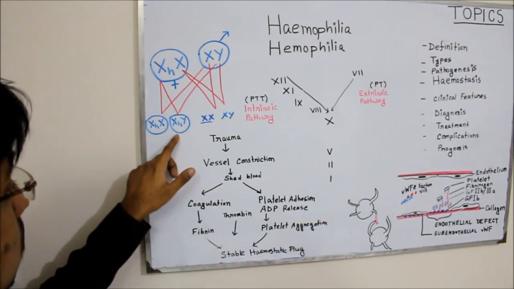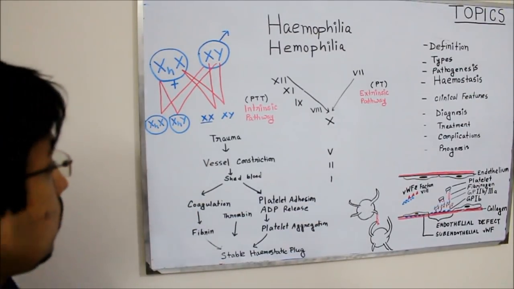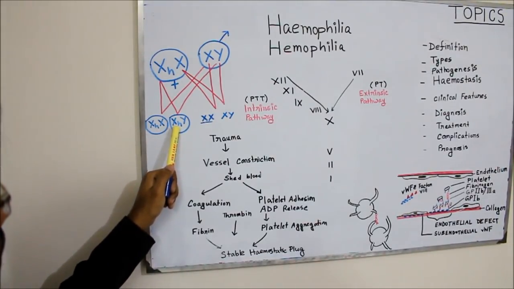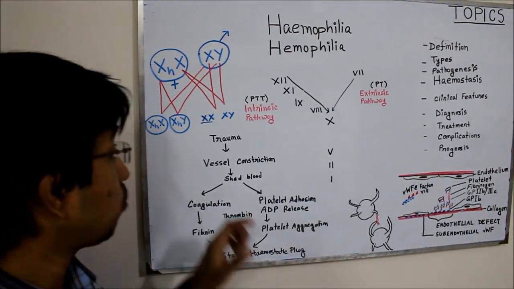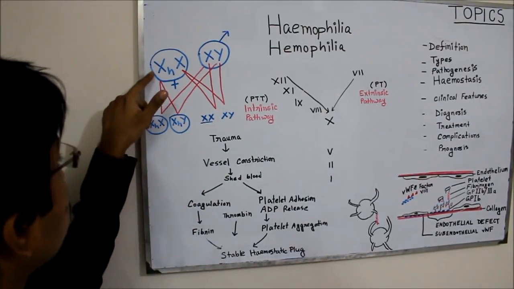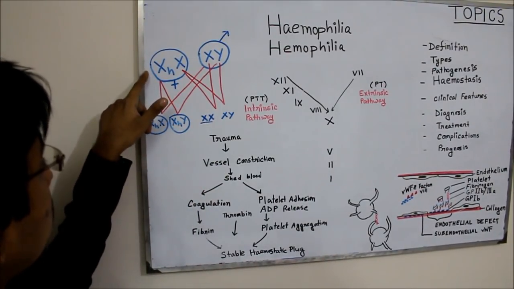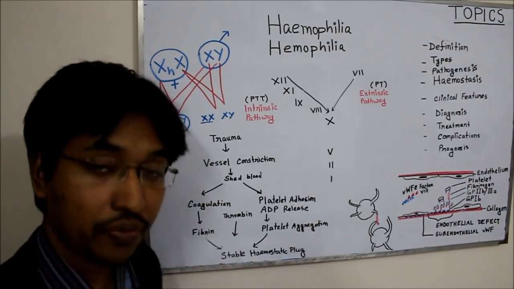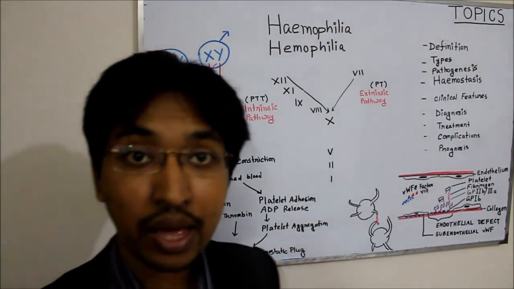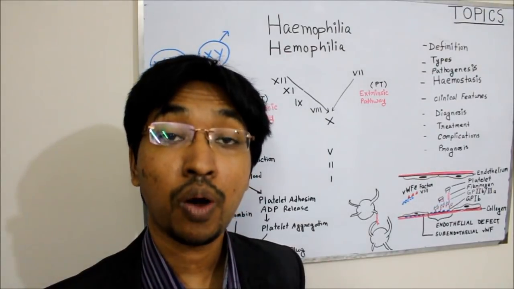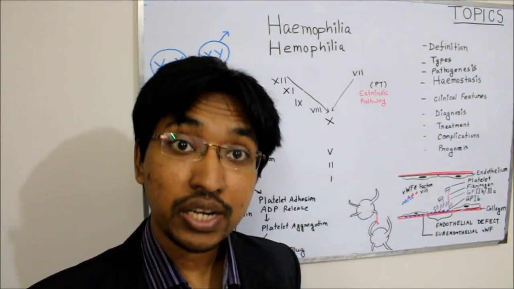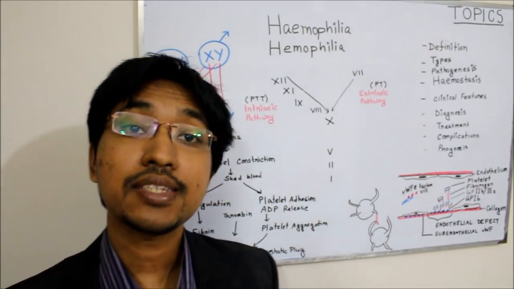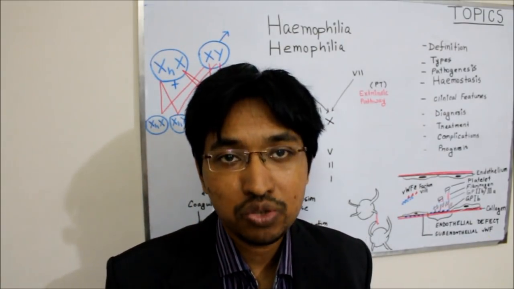But look at this offspring. This is a boy. You can see that he has one X chromosome, and unfortunately that X chromosome was the defective X chromosome that he got from his mother, and he has one Y chromosome. Now the thing is, since males have one X chromosome and one Y chromosome, if that only X chromosome is mutated, there is no second X chromosome to counter that mutation.